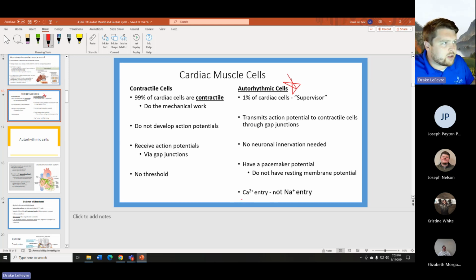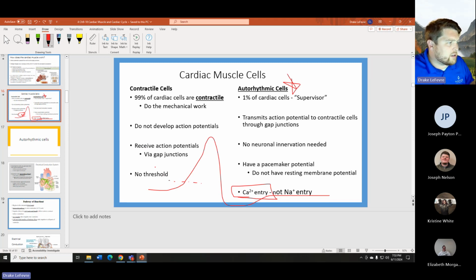Other big thing to note about the cardiac muscle cells is we're going to be dealing with calcium rather than sodium, as in skeletal muscle. Remember how in our whole graph here, when we reach threshold in a skeletal muscle cell, we deal with sodium channels.